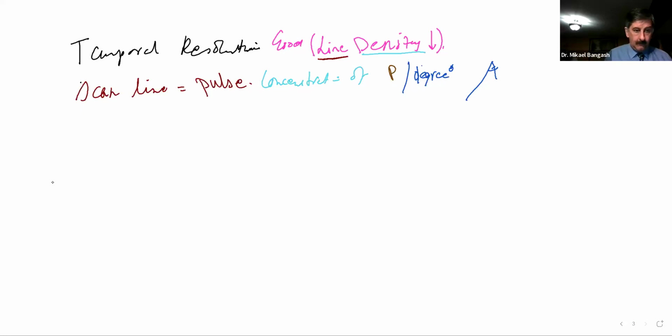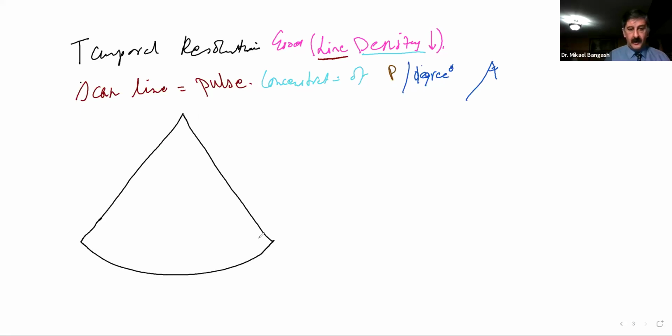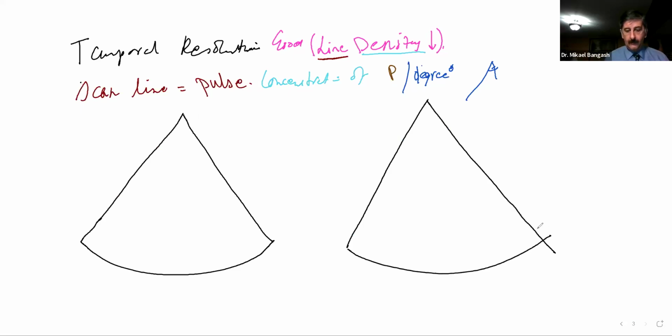So what we mainly can say is if we take two sectors, they have the same degree of angle. The sector size is equal to the sector size, so they are the same shape or same size.